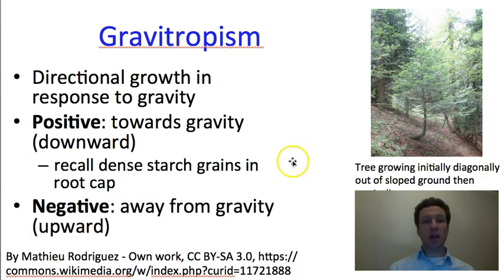So this tree here is showing a positive gravitropism. Excuse me, I just made the mistake I was asking you not to make. This tree is showing negative gravitropism because it is growing upwards towards the light. Of course, below ground, its roots are presumably showing positive gravitropism as they grow down towards the center of the earth.